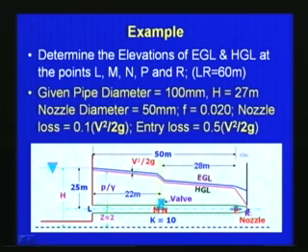Also, in the system there is a valve at a location about 22 meters from the reservoir, a control valve like this, and its loss coefficient K is given as 10. So for such a system we have to find the elevations of EGL and HGL.